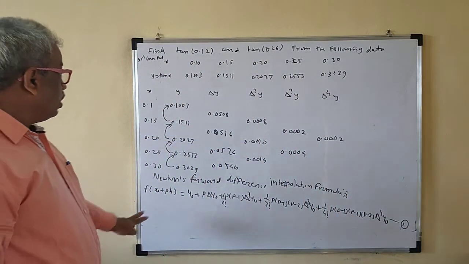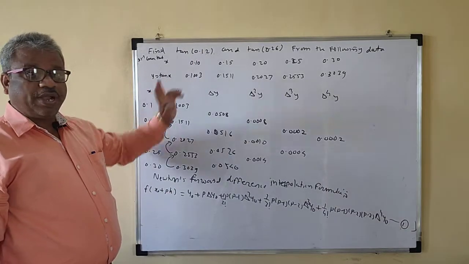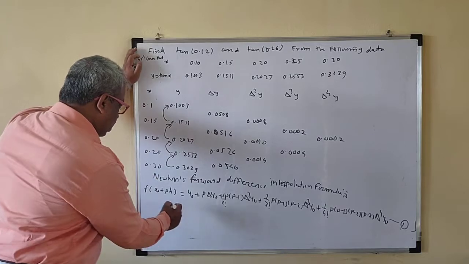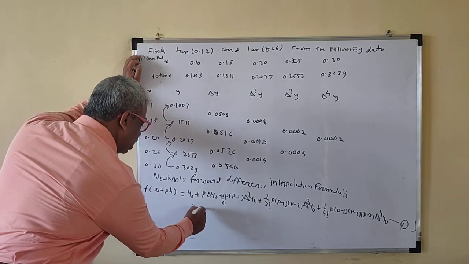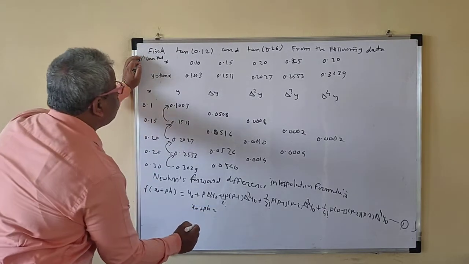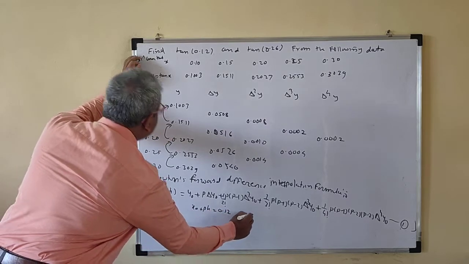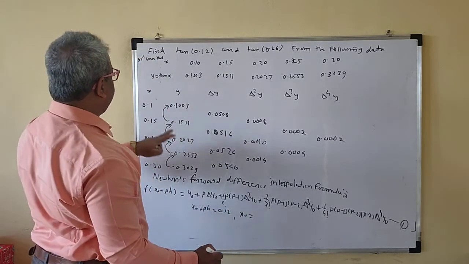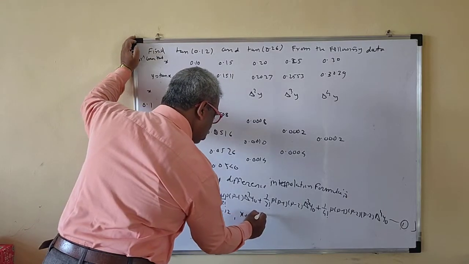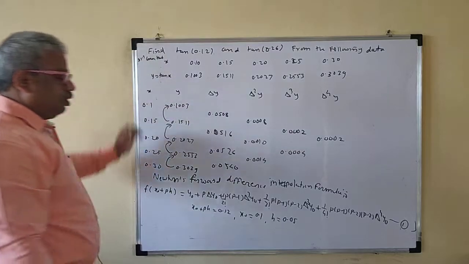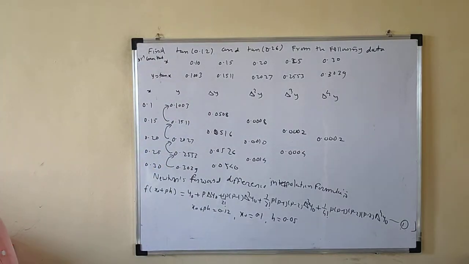Now here you want to find the tan of 0.12. So x naught plus ph is equal to 0.12. x naught is the first value of x, which is 0.1, and h is 0.05.